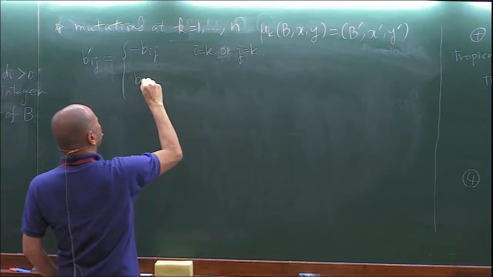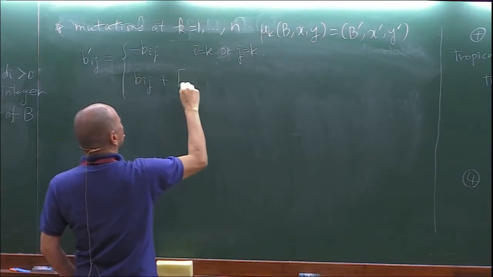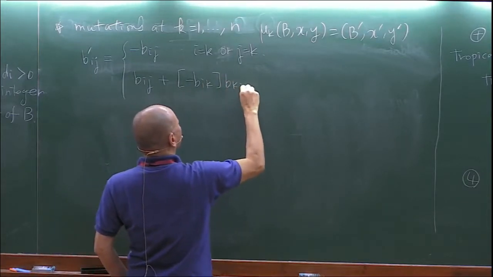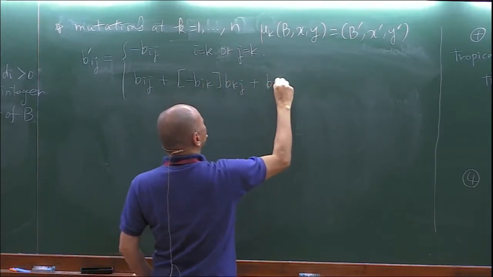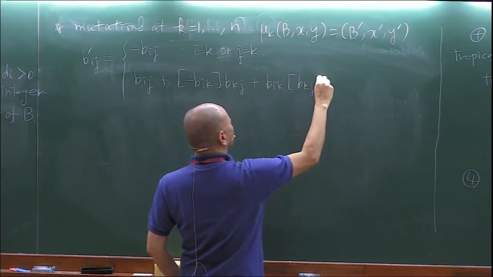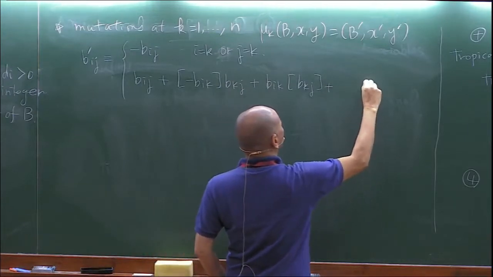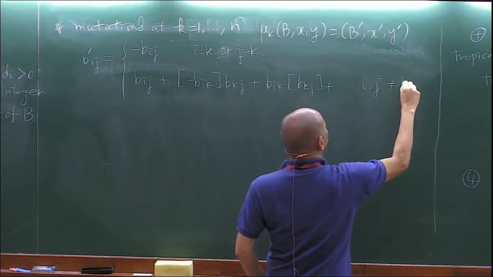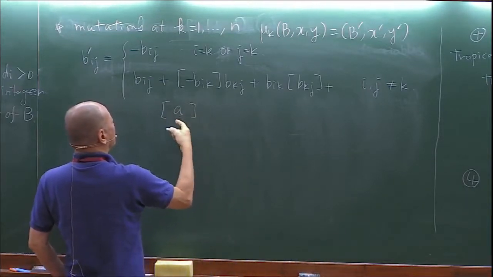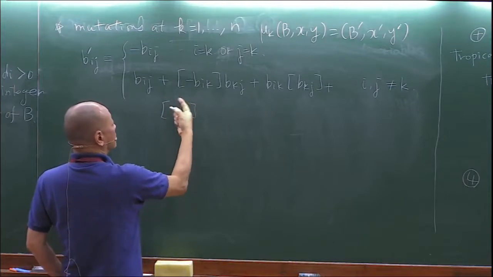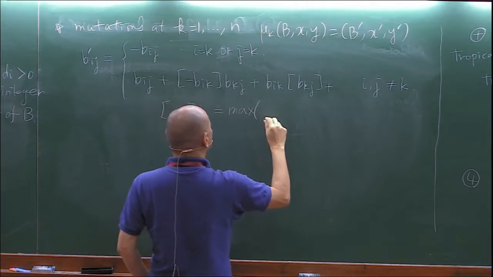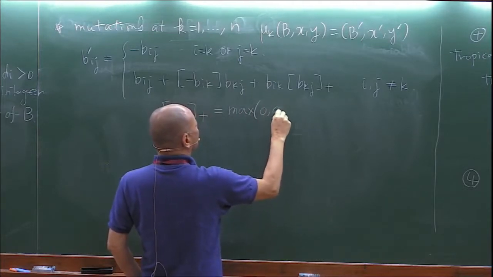Otherwise, you have something. There is some structure in this formula, but I won't explain it. So if i and j are not the same, where this symbol, which I use everywhere, for a number a, say real or integer, is called the positive part of the number. It is the maximum of 0 and a.